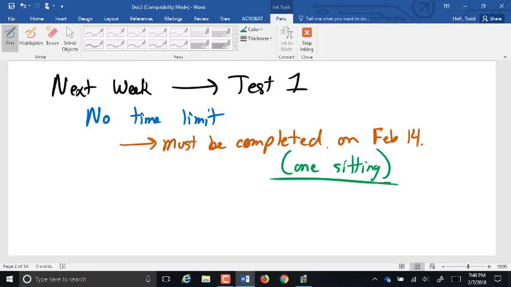Unless other arrangements are made. If there's some reason where you absolutely cannot take it next Wednesday, make that arrangement ahead of time so that we have it set up. Or if there are other accommodations or conditions, medical or otherwise, where you have to take that break, that's fine. But I do require it to be completed in the same day.